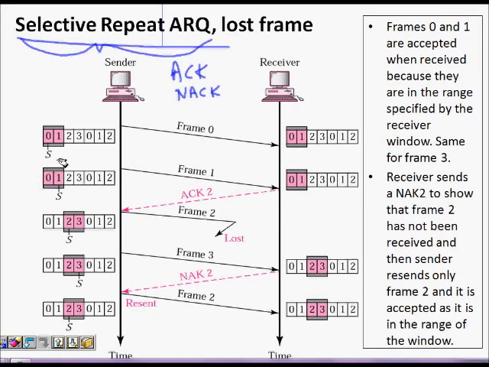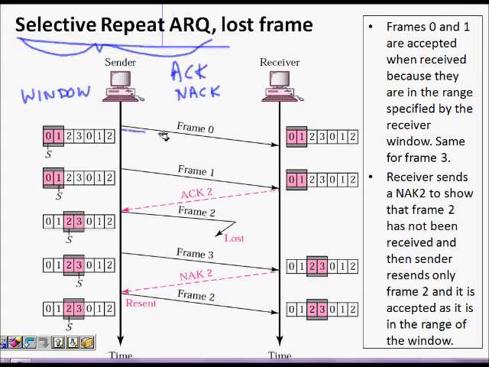So let's see what happens. There is a sliding window, so this also comes under the sliding window protocol. The window has size 2, which means I can send 2 packets without waiting for an ACK. S is 0 here, which means I can send frame 0.